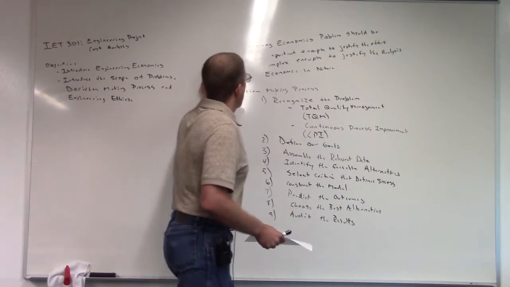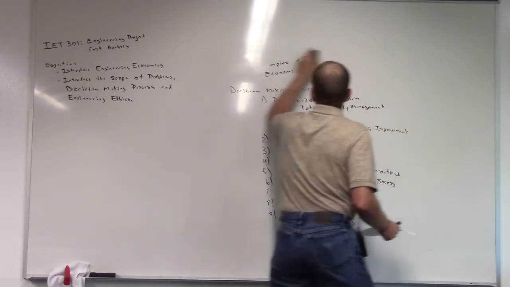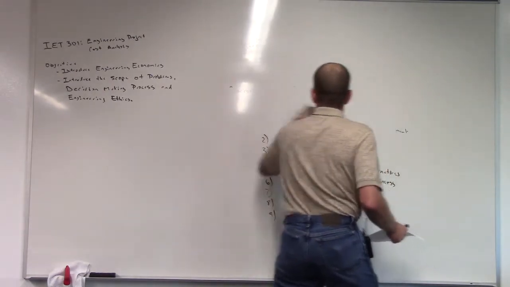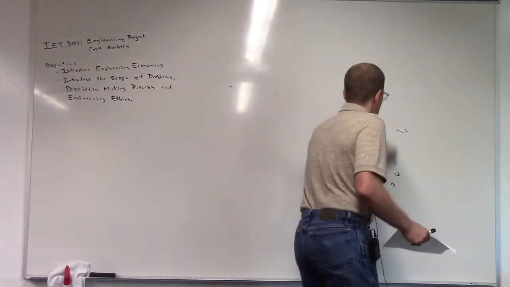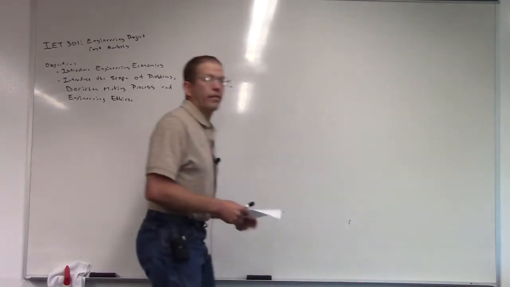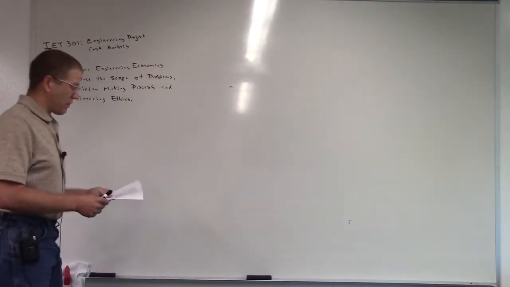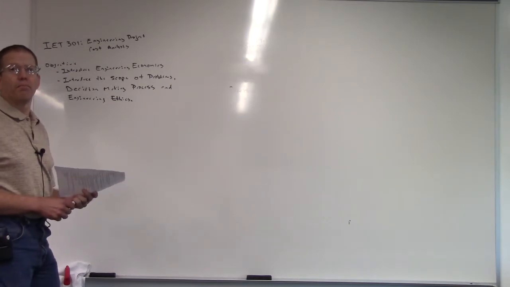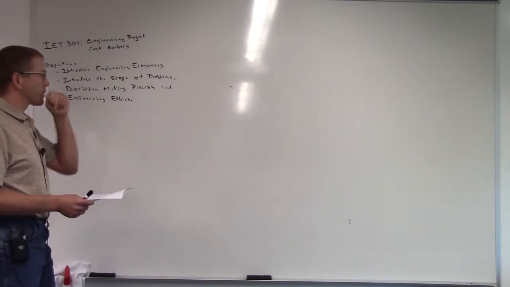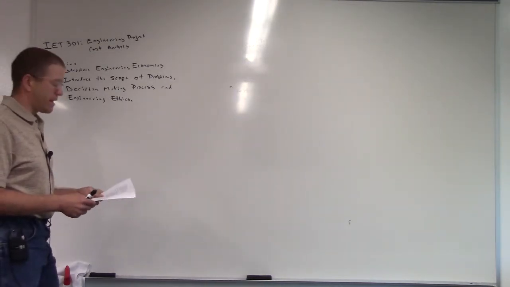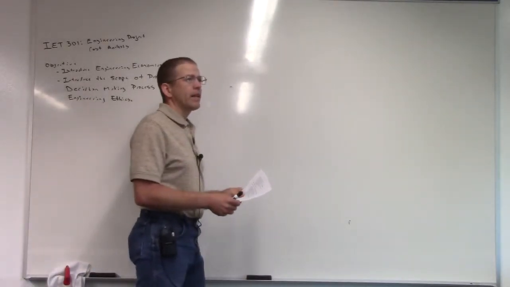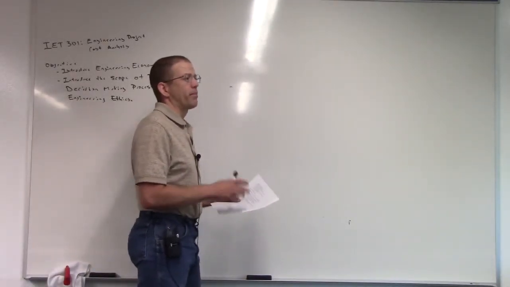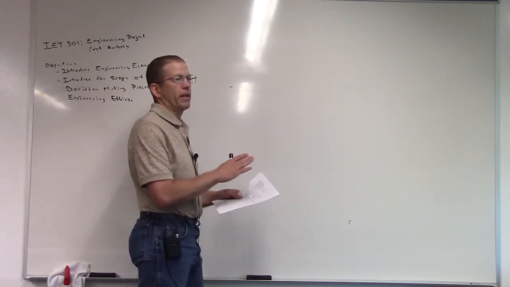The last thing that Chapter 1 introduces to you is engineering ethics. For those of you that are planning on taking the Fundamentals of Engineering exam, that leads to your EIT license, this is a very, very good place to spend a little bit of time.